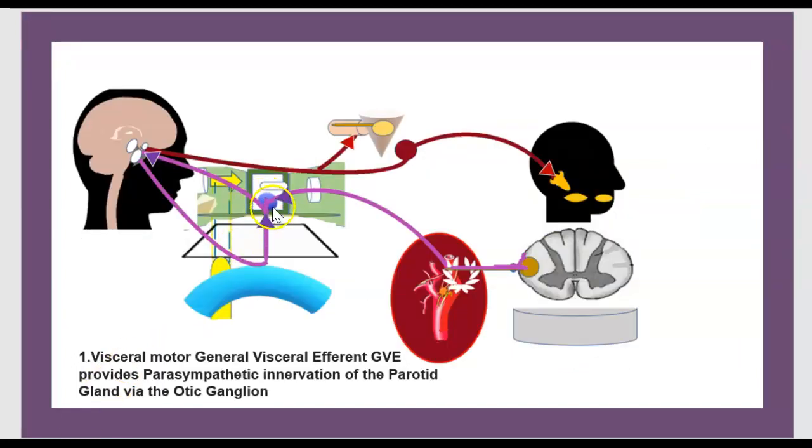At the level of the promontory in the middle ear, fiber coming as tympanic nerve meets with fiber coming from the carotid sinus to give parasympathetic fiber to the parotid gland from the lesser petrosal nerve via the otic ganglion.